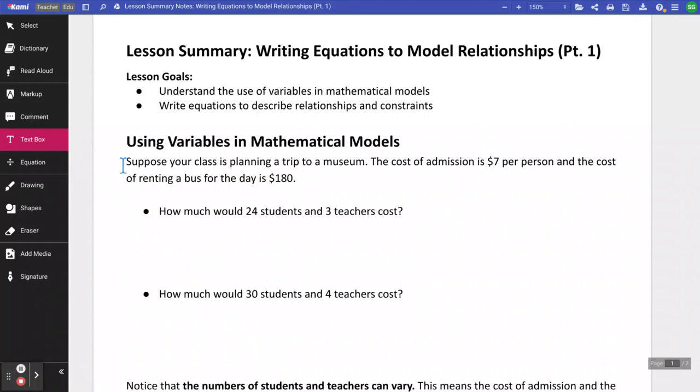There's two questions I want you to think about in a moment. The first question is, how much would 24 students and 3 teachers cost? And then the second one is, how much would 30 students and 4 teachers cost? I encourage you to go ahead, pause the video now, and try to tackle those two questions on your own.